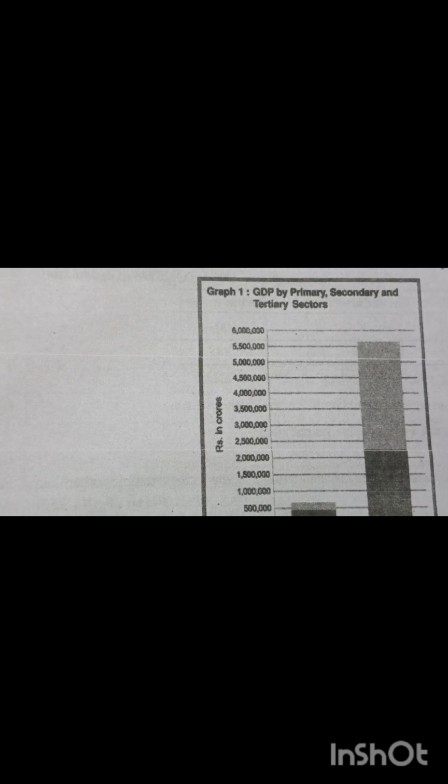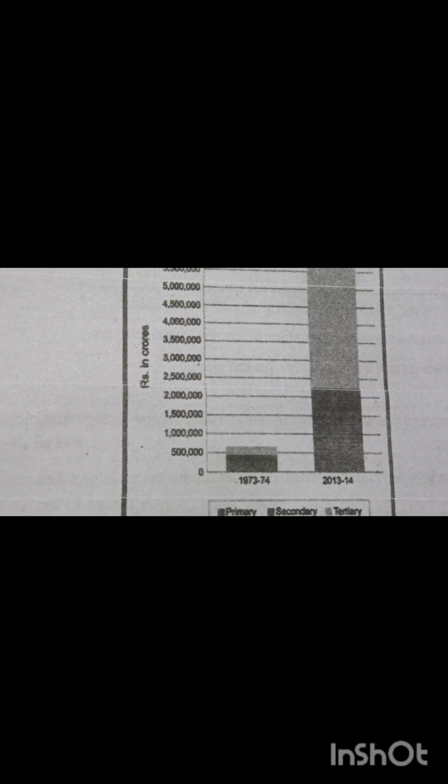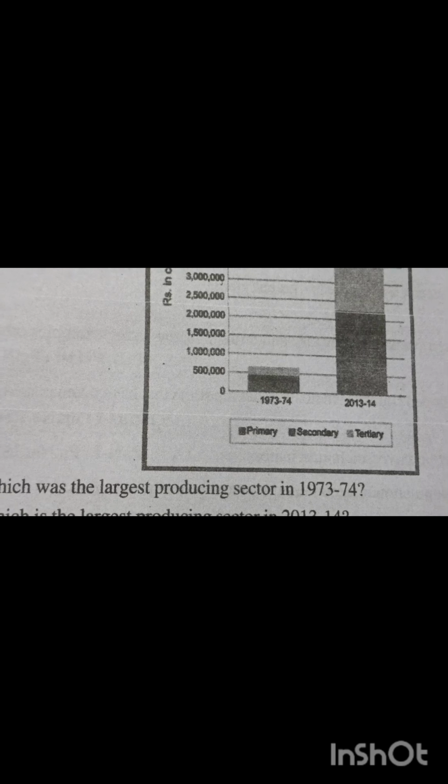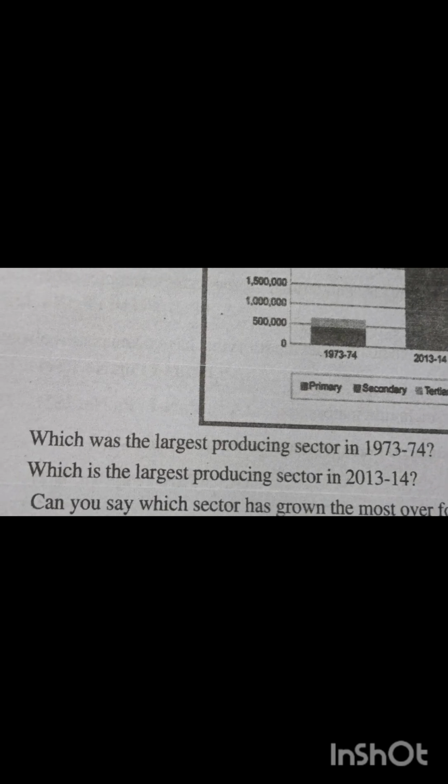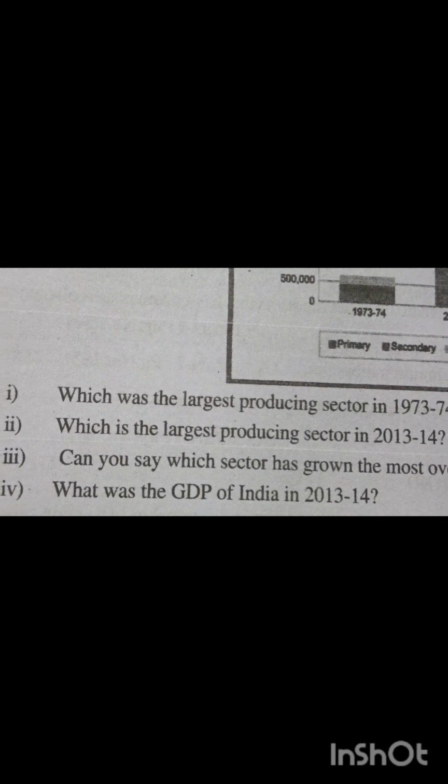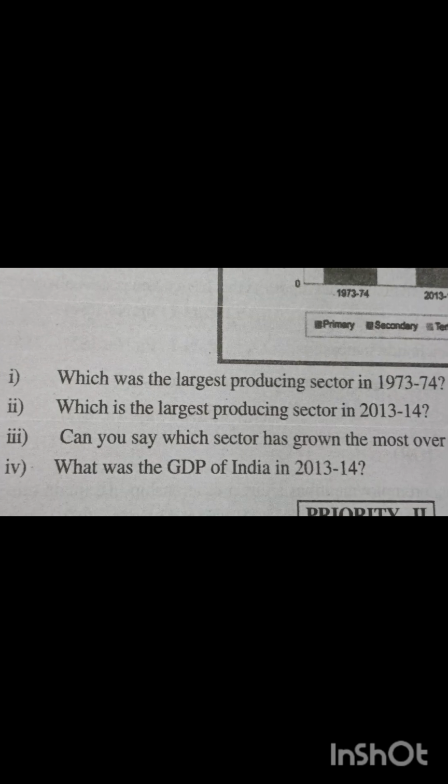GDP by primary, secondary, and tertiary sectors, in rupees crores, for 1973-74 and 2013-14. The questions are as follows.